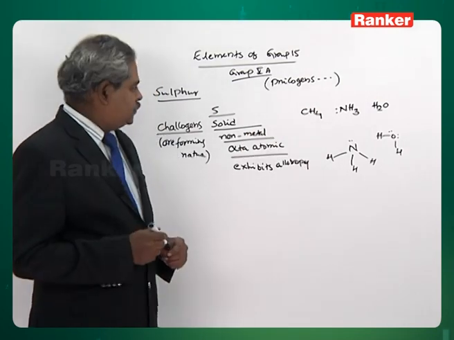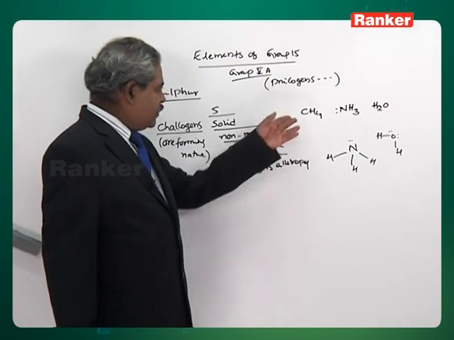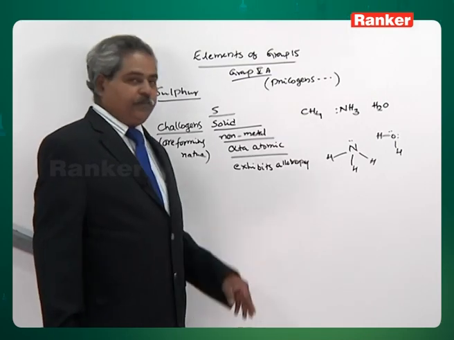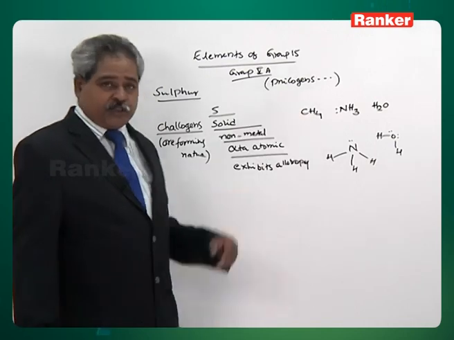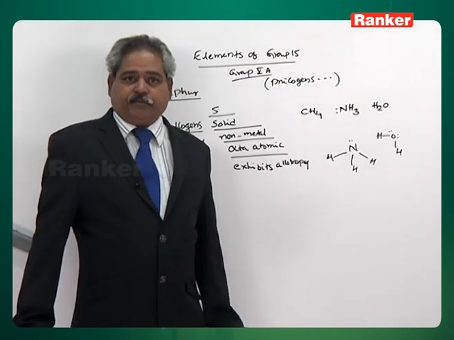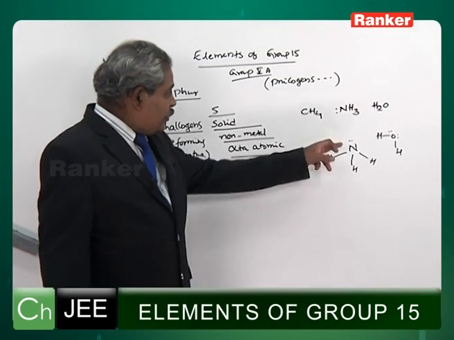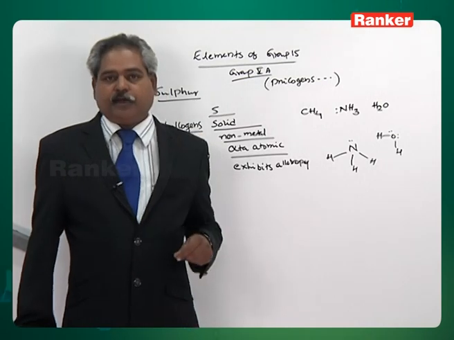Look here. Suppose you inhale methane through your respiratory process. Methane is inhaled. What happens? Nothing. It doesn't dissolve in blood. It cannot form any bonds. But ammonia has a smell, pungent smell.